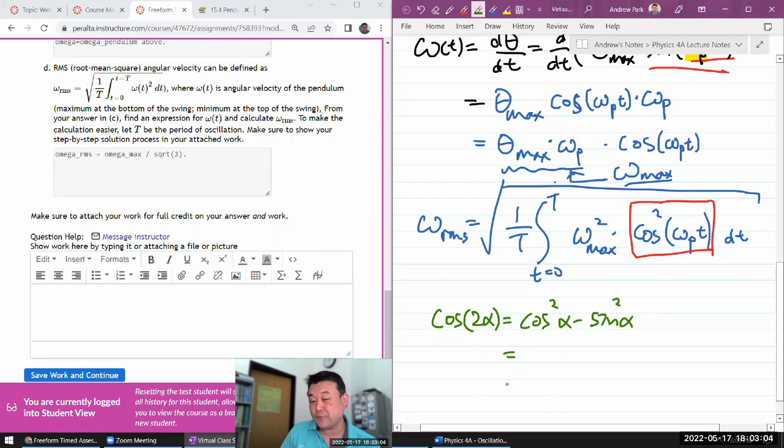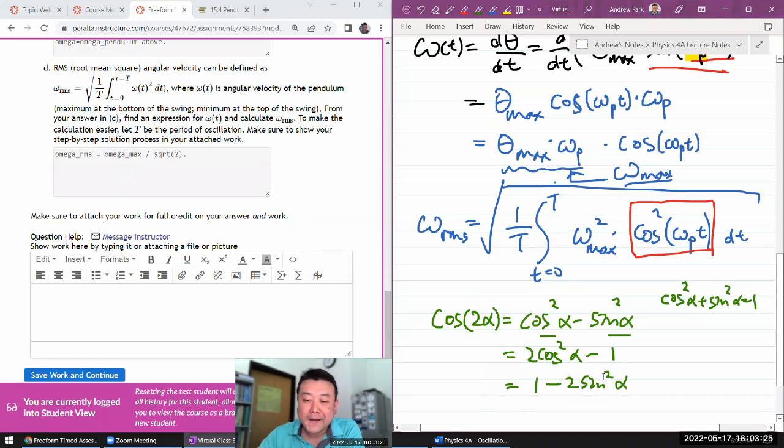And this has two different ways it can be written. You can choose to rewrite one or the other using the Pythagorean theorem. So when you do that, you could either rewrite this as 2 cosine squared alpha minus 1, or 1 minus 2 sine squared alpha. You can verify that on your own time.